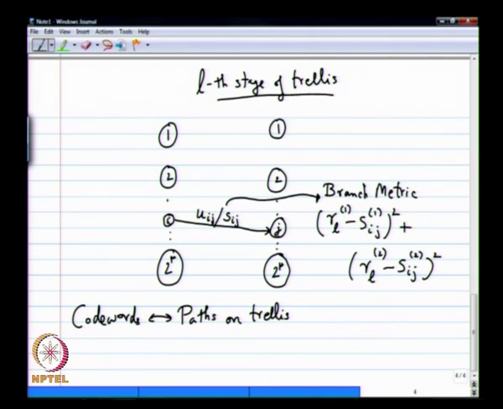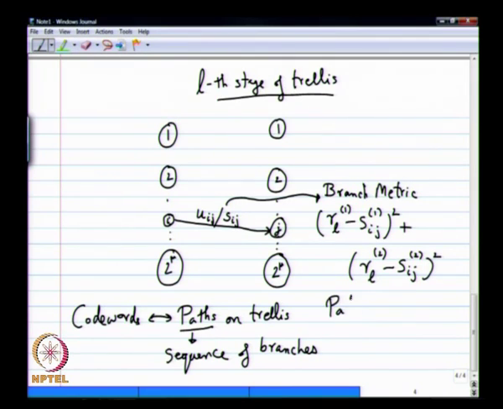Okay, so, what is a path? Path is basically a sequence of branches. Okay. What do I have for each branch? I have a branch metric. So, what can I do for each path? I can total all those branch metrics on that path and get something called a path metric. Okay. So, that is called the path metric.